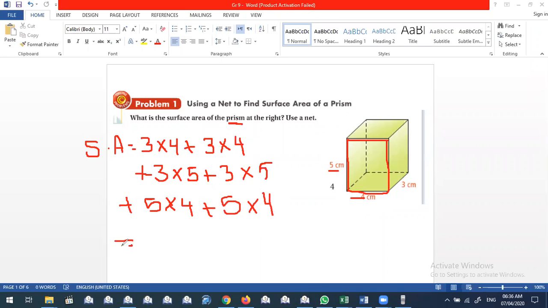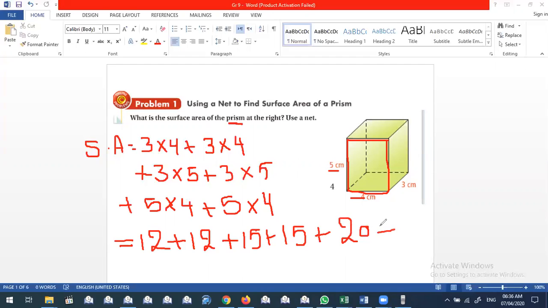Let's find the answer. 3 by 4 is 12. So 12 plus 12. 3 by 5 is 15, so it will be 15 plus 15 again. 5 by 4 is 20, so 20 plus 20 again.